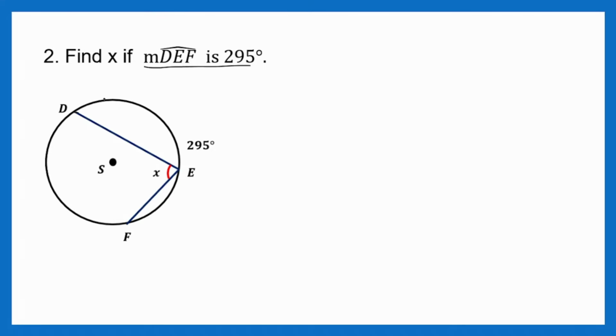Di ba? Given ito. So, kung ang buong arc na yan ay 360, ang gagawin mo lang, i-minus mo to sa 360. Kasi yun yung matitira dito. Ito yung magiging measurement niyan. Itong natitira. Tama? So, just subtract it to 360 degrees.